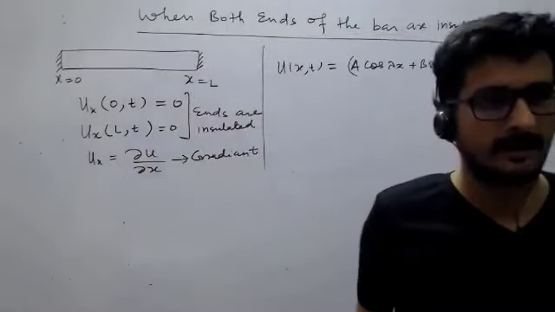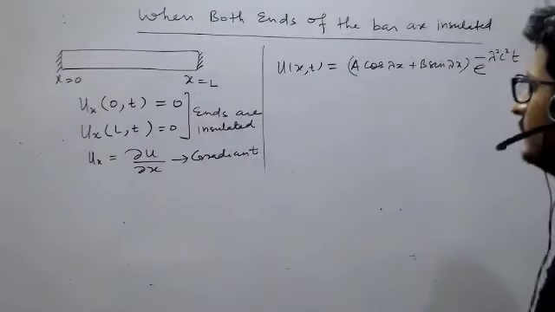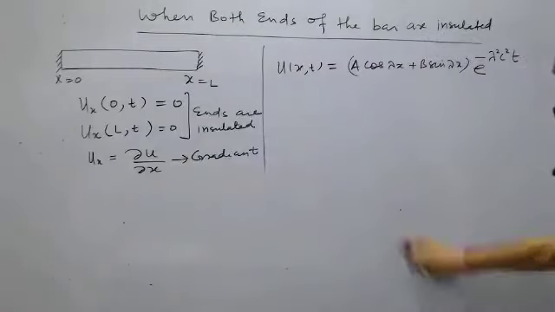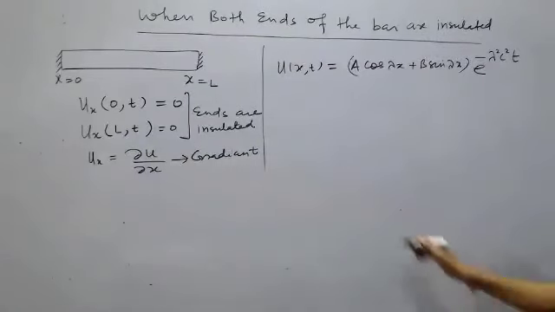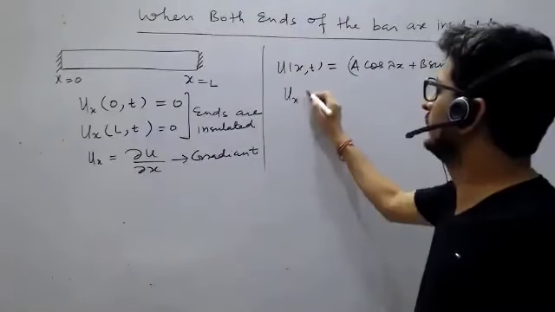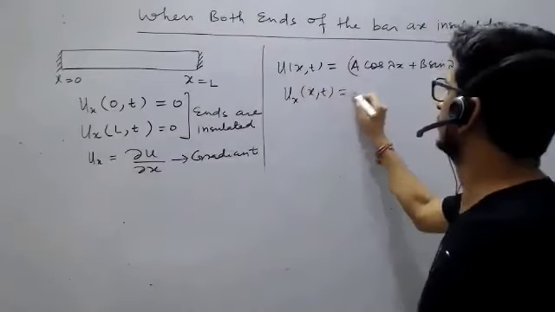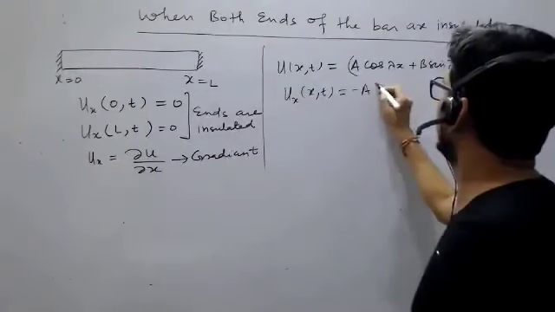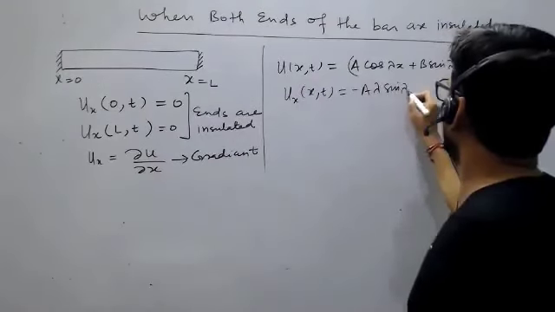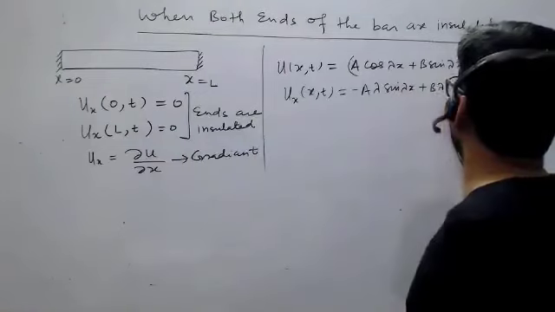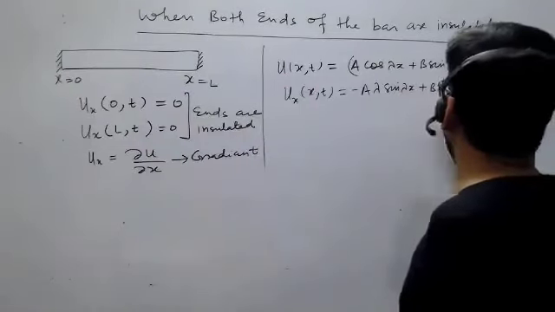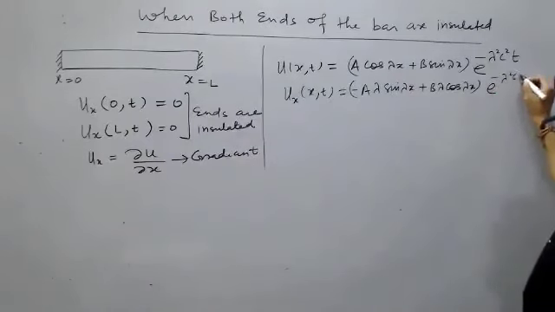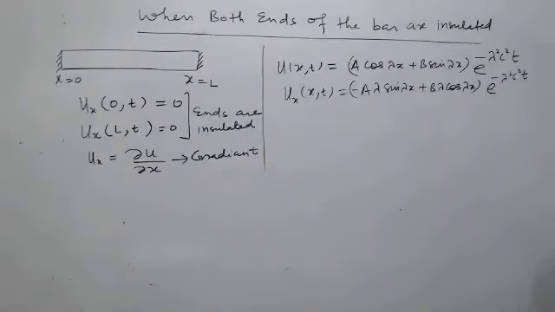And now let us apply. First of all, calculate u_x(x,t). That will be given by (minus a lambda sin lambda x plus b lambda cos lambda x) into e to the power minus lambda square c square t.